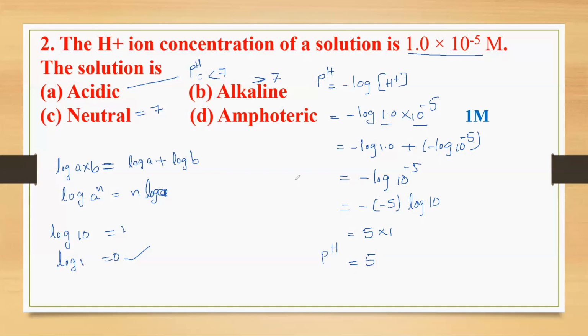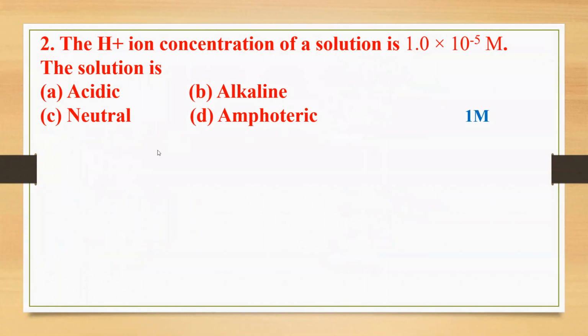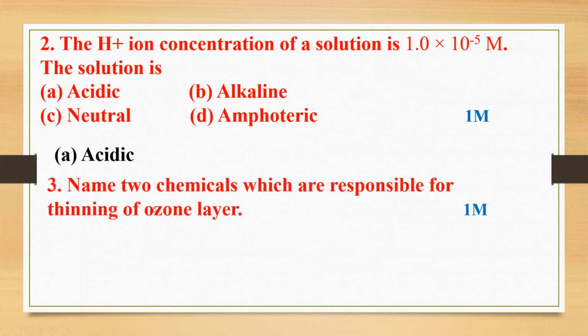If pH is 5, which is less than 7, the solution would be acidic in nature. Understood? This is the way to solve pH problems and find the nature of the solution. This type of question may be asked for 2 marks also. Better to understand and practice. This is the answer.